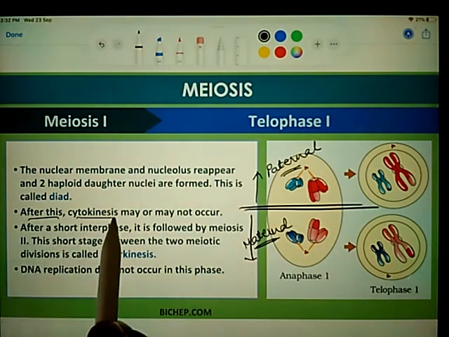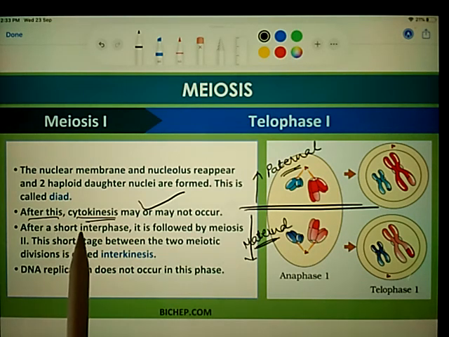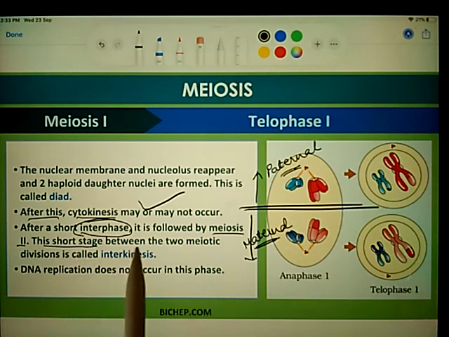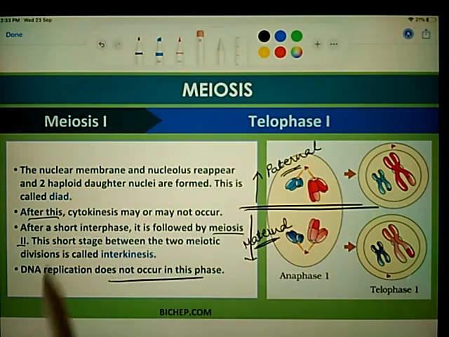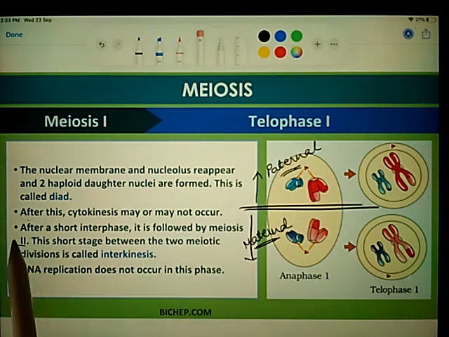So after these, cytokinesis may or may not occur after short interkinesis. Interkinesis is a phase where it is a very small break between meiosis 1 and meiosis 2. It is followed by meiosis 2, and the short stage between two meiotic divisions is interkinesis. So DNA replication does not occur in the second phase. Only once the replication is done.